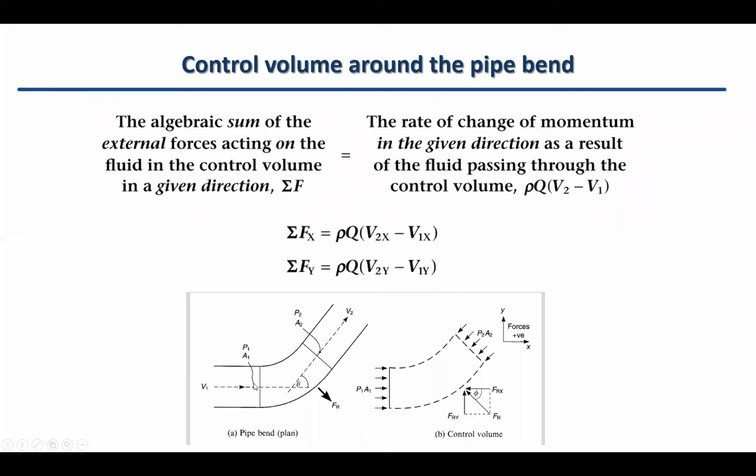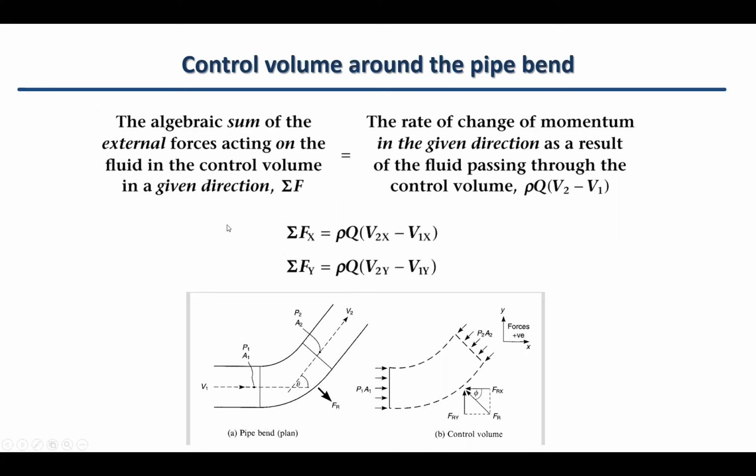Imagine the problem is shown here, and we have a control volume around the pipe bend. We can write all the external forces by writing equations for both directions X and Y, the equilibrium for both directions.